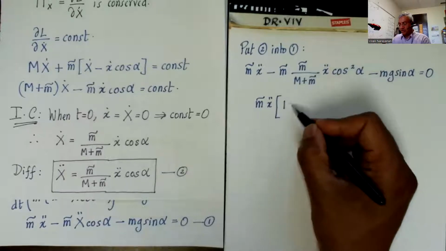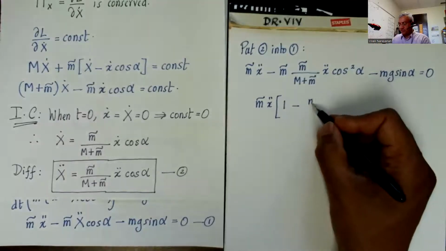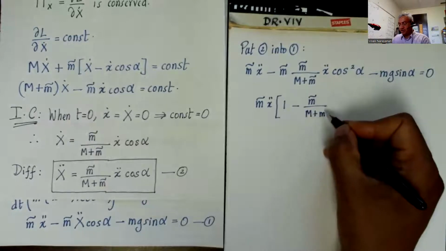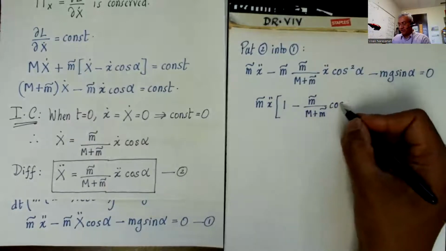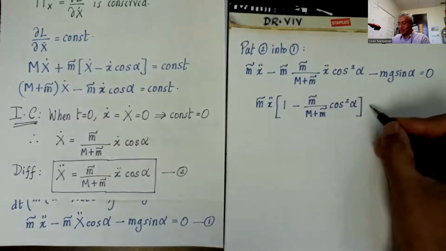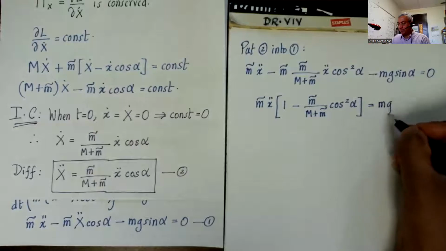Then I'm going to get 1 minus m tilde over m plus m tilde cosine squared alpha equals mg sine alpha.